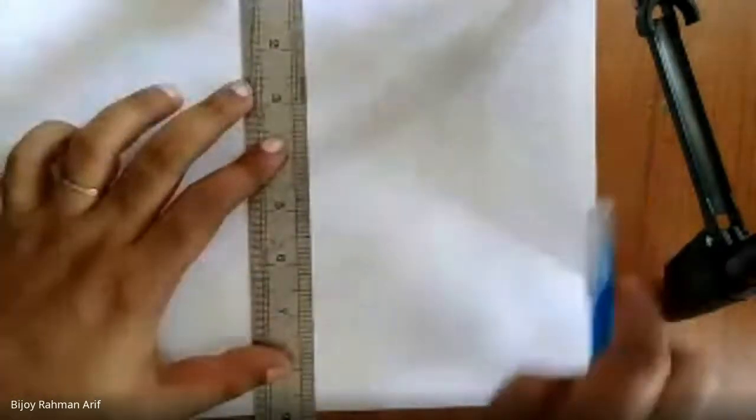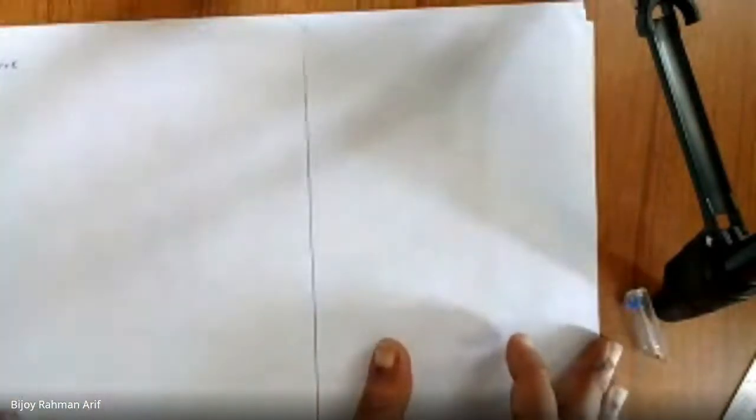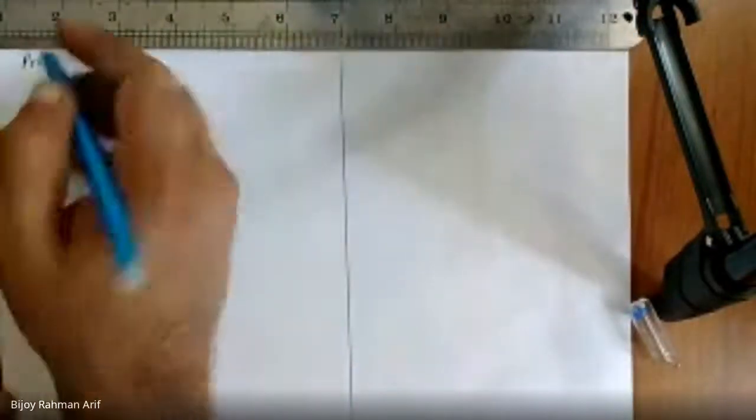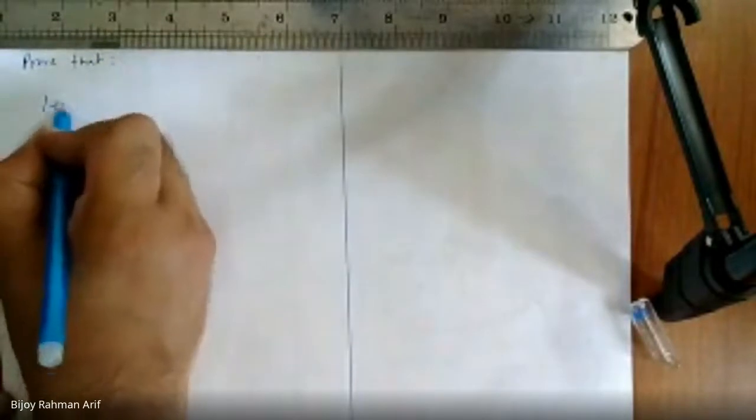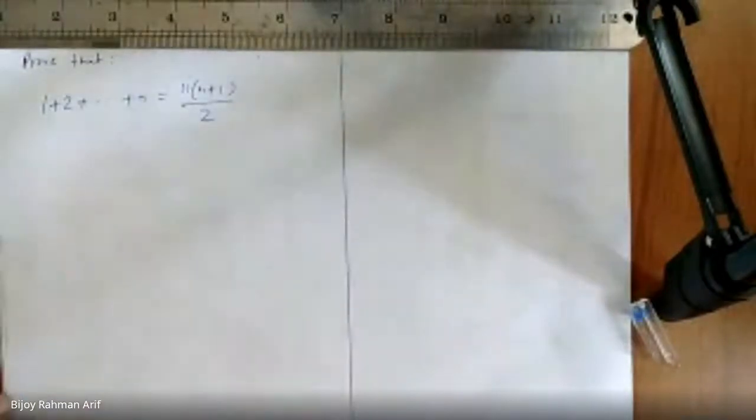So let's give you an example. Prove that 1 plus 2 plus ... up to n is equal to n into n plus 1 divided by 2.